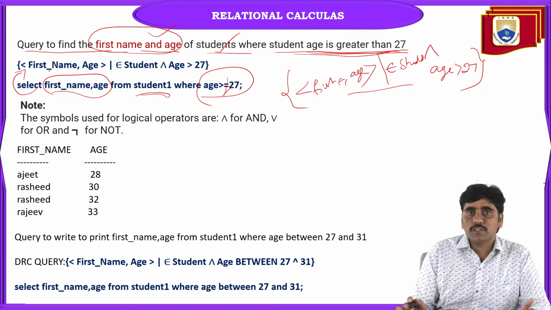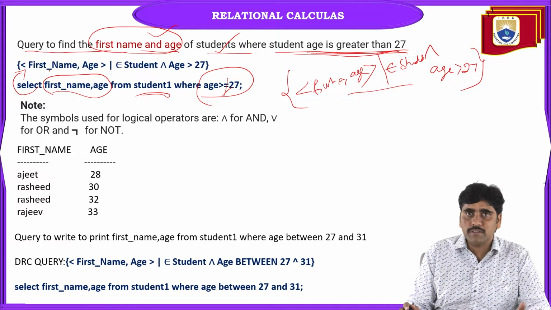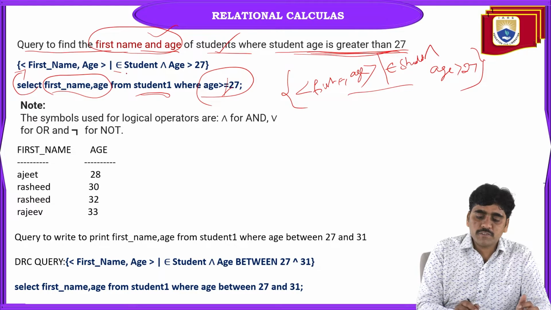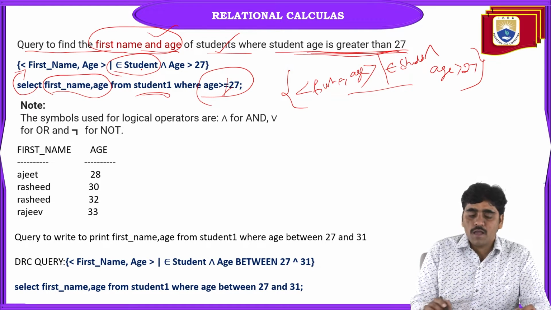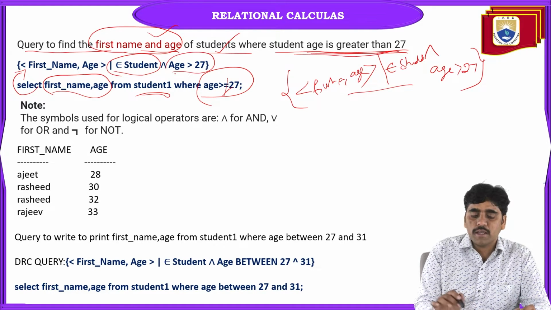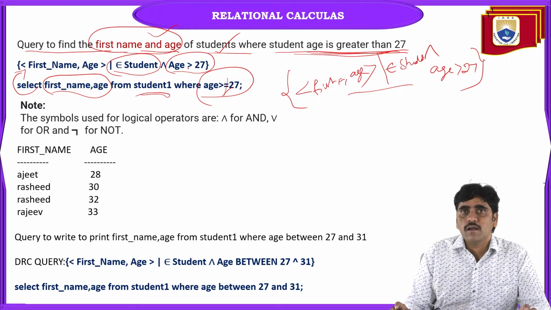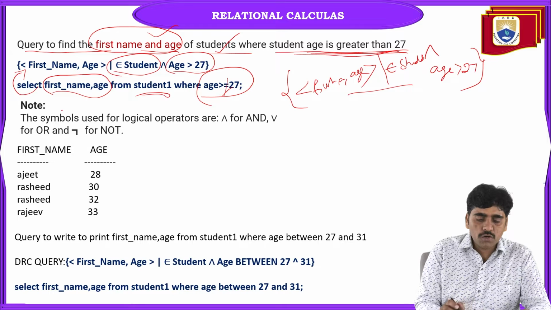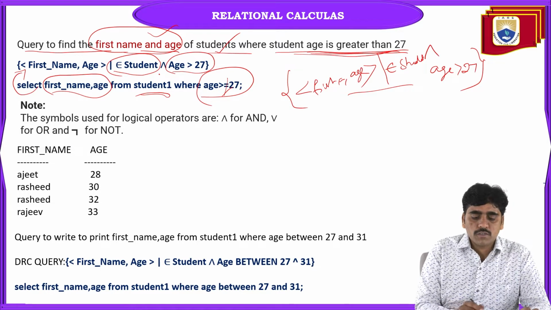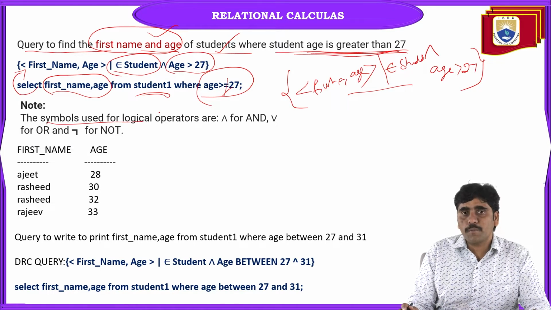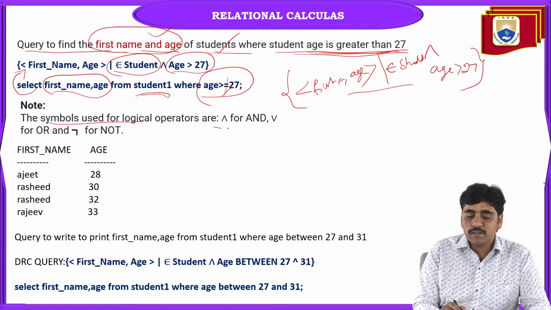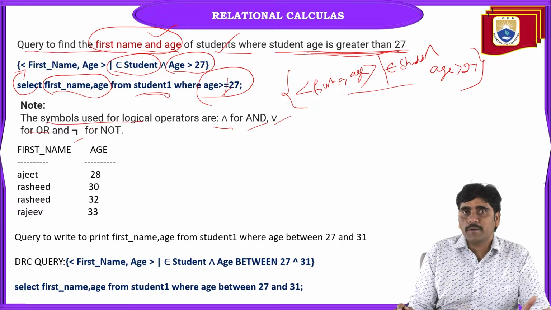What do you want to display? First name and age, from the Student table, and the condition is age greater than 27. Note from this point that the symbols used for logical operators are: and for the AND operator, or for the OR operator, and not for the NOT operator.